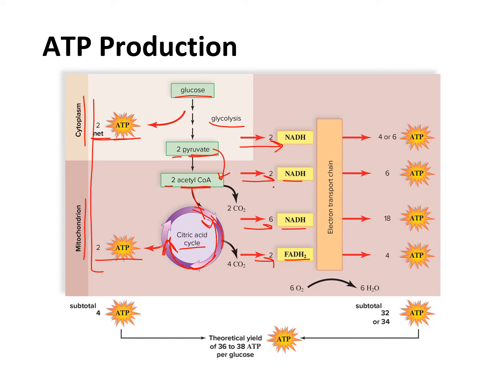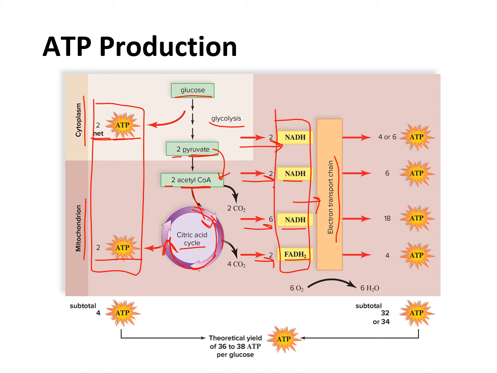All of the ATP produced so far is produced by substrate-level phosphorylation. So that involves an enzyme adding a phosphate group to an ADP molecule. Now, all of these electron carriers that are generated during the first 3 phases are going to go to the electron transport chain.